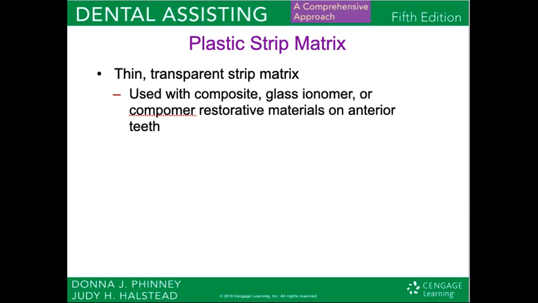And this is usually used in anterior applications where aesthetics are going to be more important. And the reason why that matrix is clear is because composite restorations are cured by a curing light, and that clear transparent material will allow the light to pass through and cure the materials.